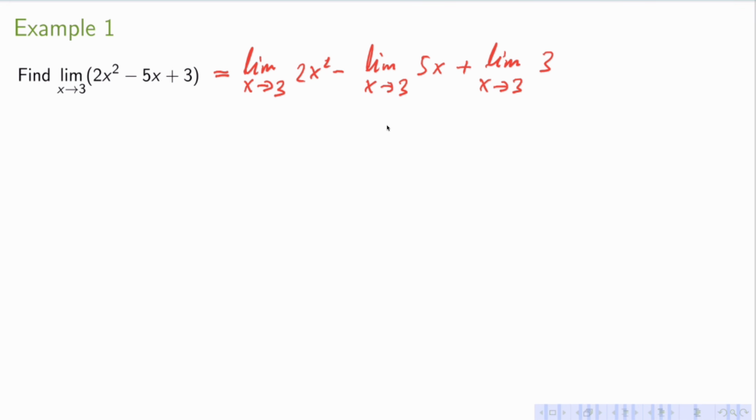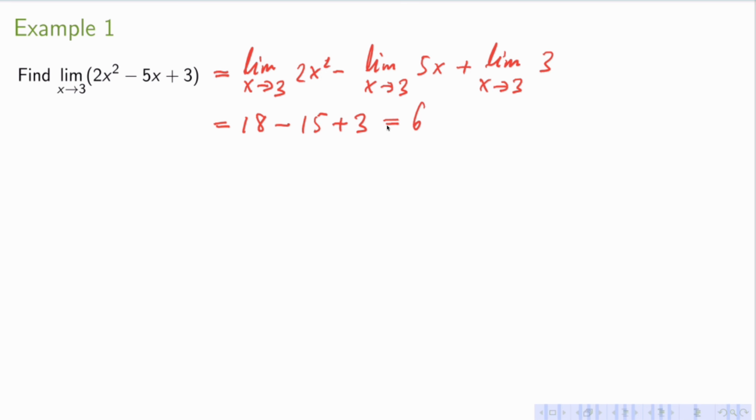Alright, now for the first function 2x squared, as x goes to 3, we can just substitute x equal to 3. So we get 2 times 3 squared, which is 2 times 9, which is 18. In the next limit, we get 5 times 3, which is 15. And then lastly, the limit of a constant is the constant itself. So then together this is 6.